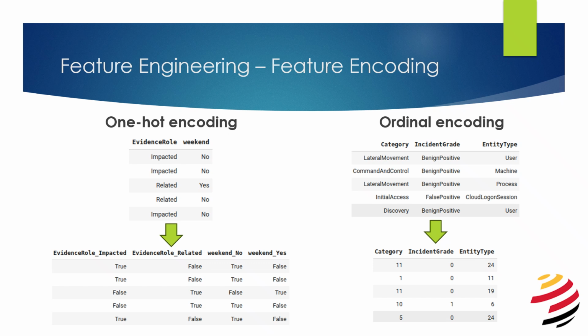In contrast, ordinal encoding was applied to the target variable incident grade as well as the category and entity type features. These variables have a large number of unique values, and applying one hot encoding to them would have drastically expanded the feature space, increasing computational complexity.